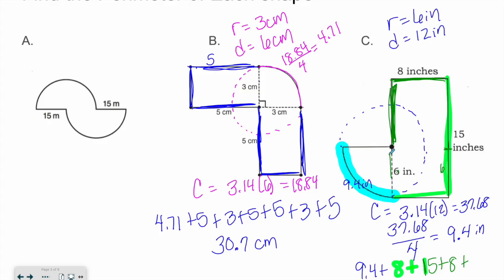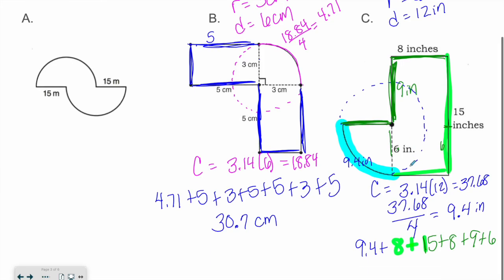And 15 minus 6 makes this piece 9 inches. And then this last and final side is my radius, which is 6 inches. And when you add those all together, 55.42 inches, or 55.4, rounding to the nearest tenth.